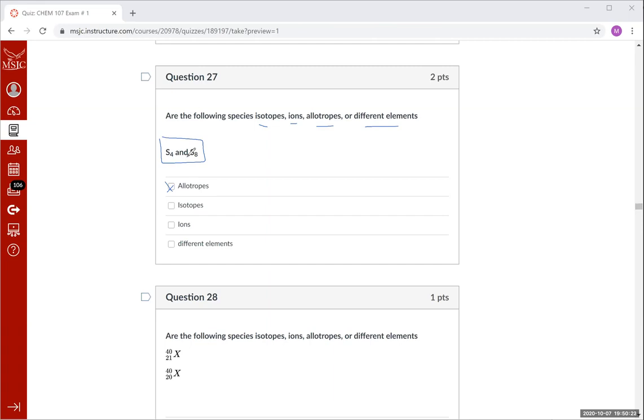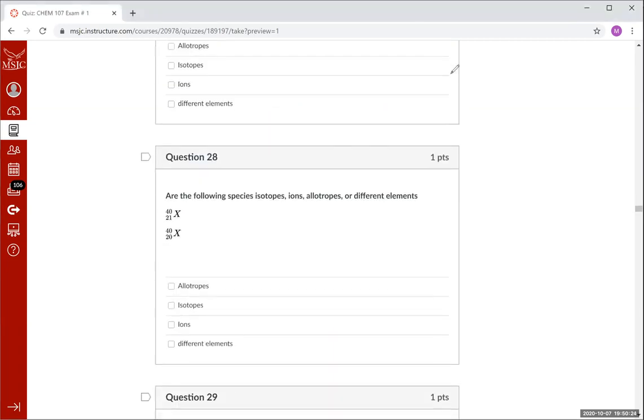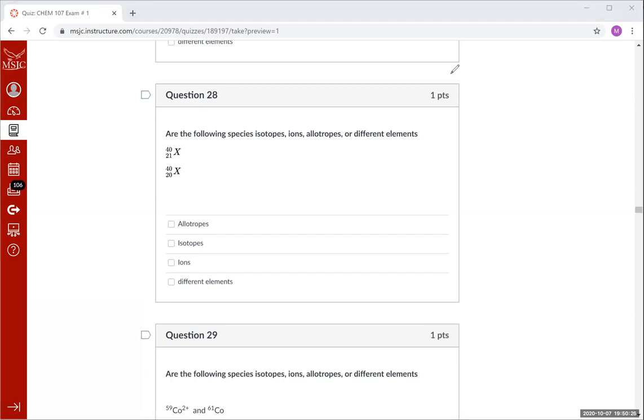Okay, so let's keep going with this. We're asked, are the following species isotopes, ions, allotropes, or different elements? First and foremost, we notice that the atomic number is different and the mass number is the same.